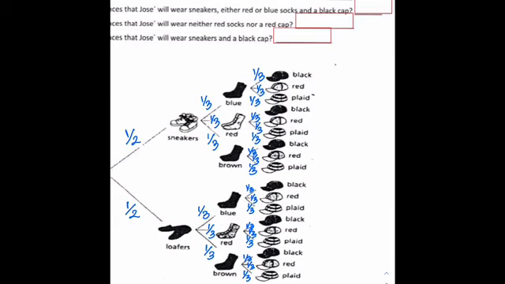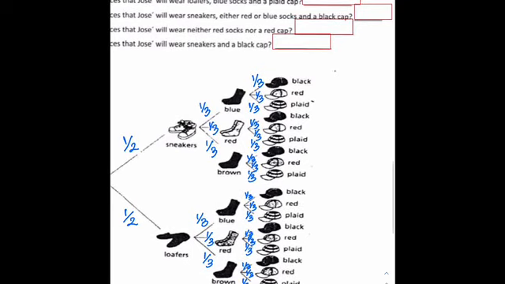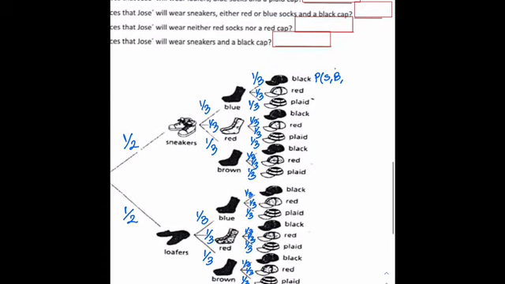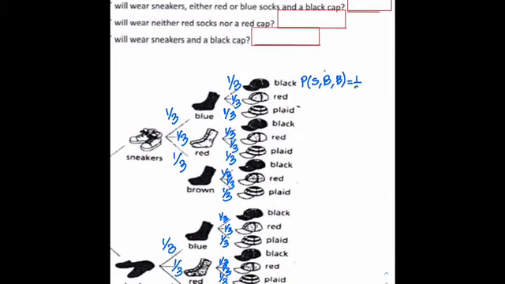So now let's look at our final answer for the first branch. The probability of getting sneakers with blue socks and a black cap will be 1 over 2 times 1 over 3 times 1 over 3, so you're multiplying the branches, which will be 1 out of 18, right?